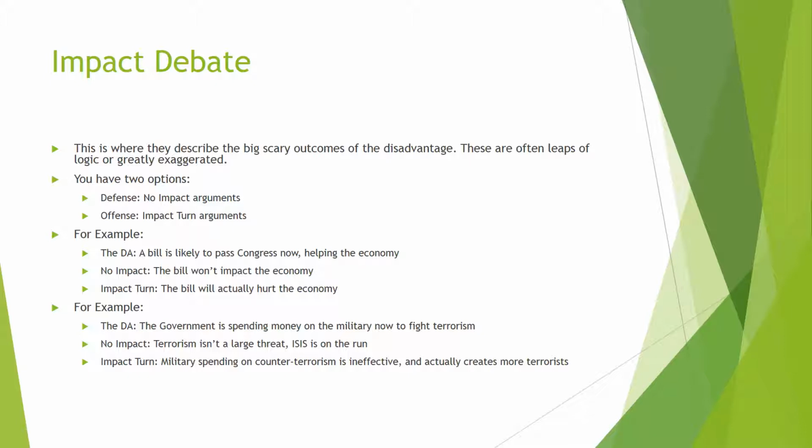The second example: the disadvantage says that the government is going to spend money on the military to fight terrorism. The no impact argues that terrorism just isn't a large threat. We have ISIS on the run. The impact turn says that military spending on counterterrorism could be ineffective and could actually create more terrorists, increasing the threat.